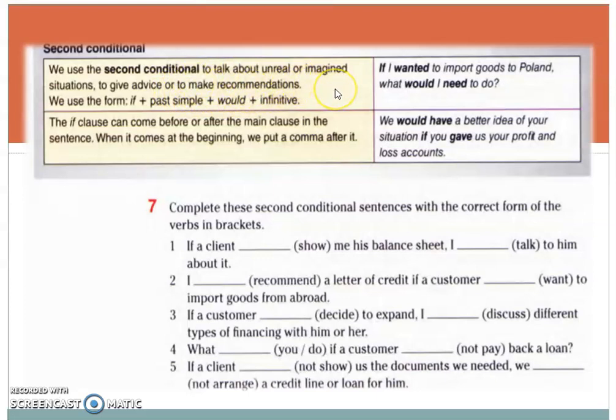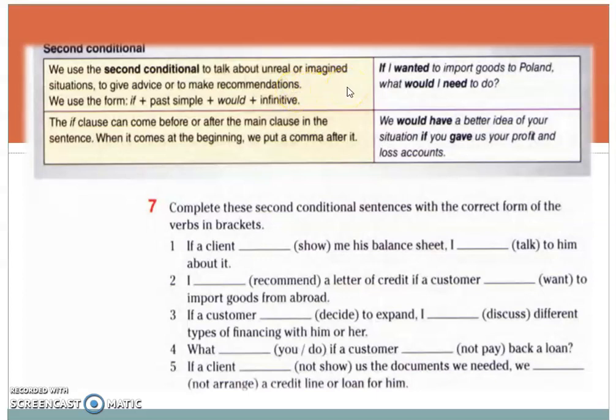So again, we use the second conditional to talk about unreal, not true, or imagined situations to give advice or to make recommendations.